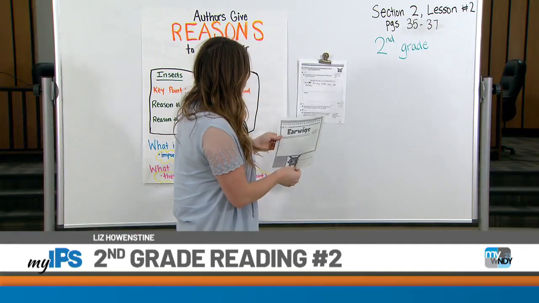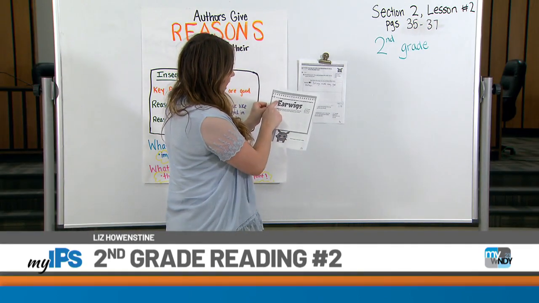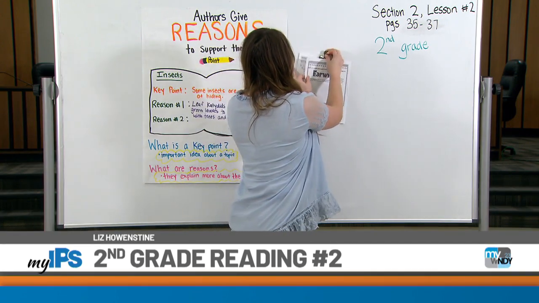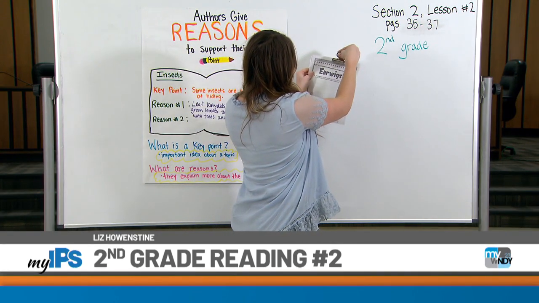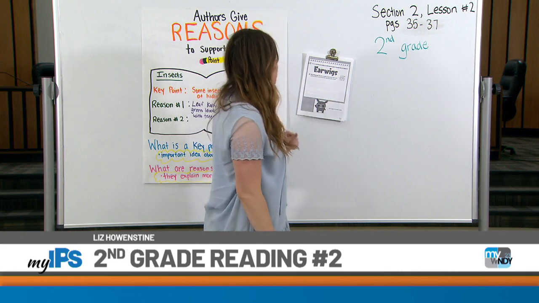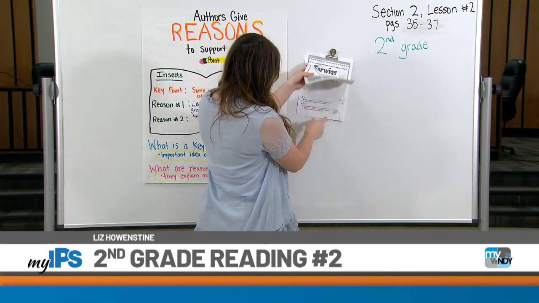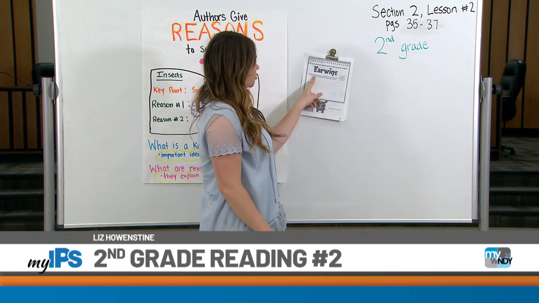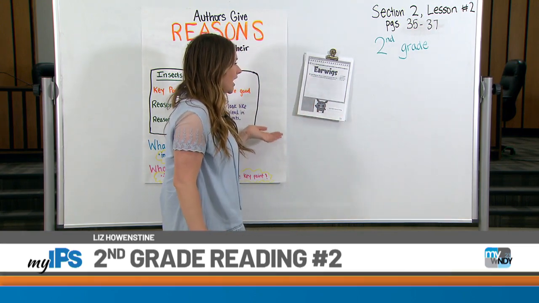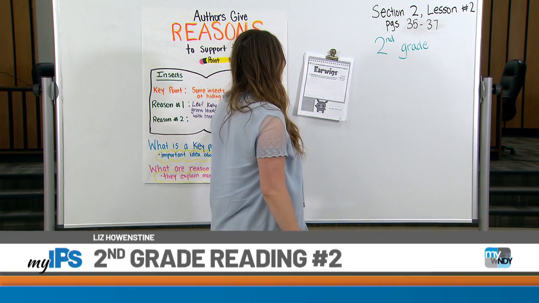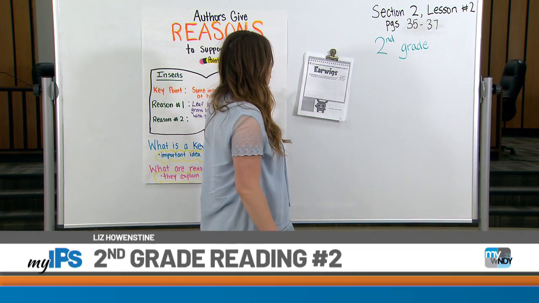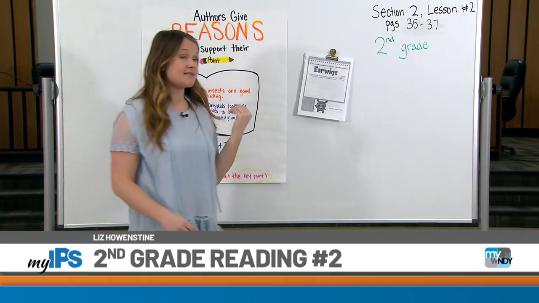It says, write, use the space below to write your answer to the question on page 36. So our short response says, why don't people have to worry about the earwig's pinchers? Use reasons from the text in your answer.